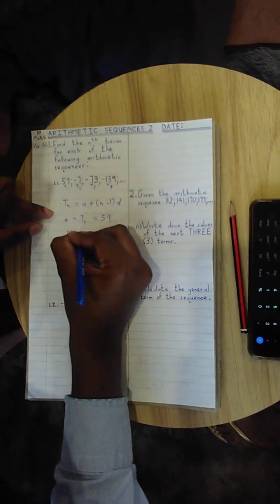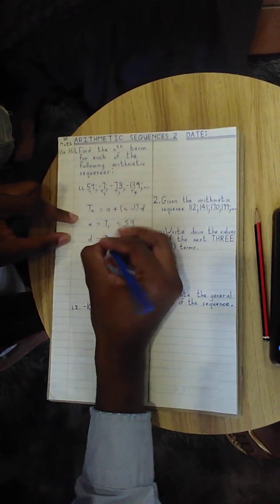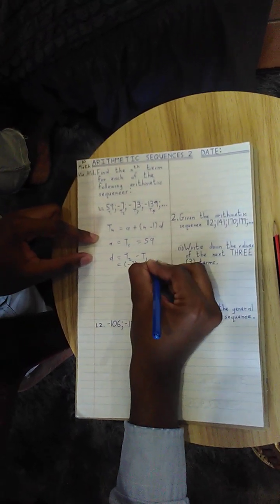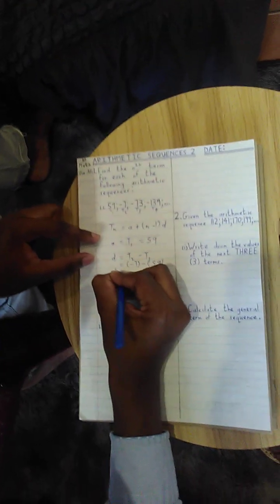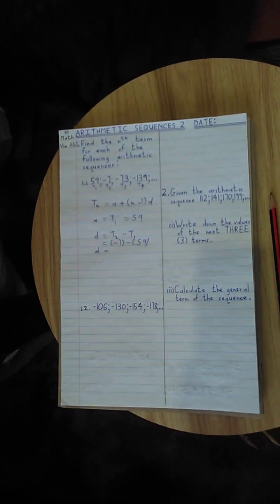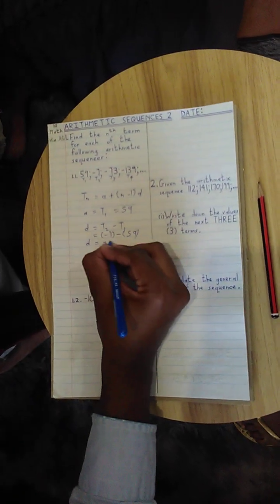d is T2 minus T1, which is -7 minus 59. So d is -66.